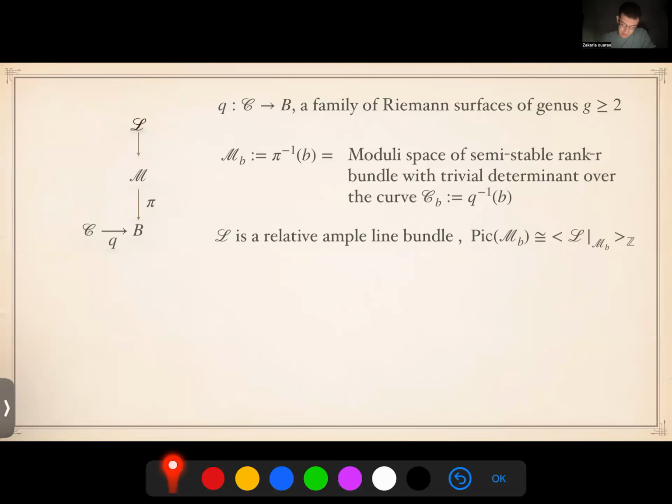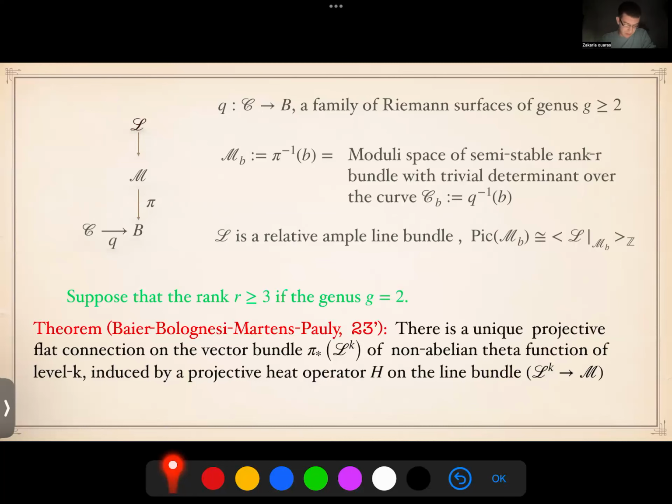And there is a technical condition, which I will comment on here. If the genus is 2, you need to take a rank greater than 3. Otherwise, if you take rank 2, genus 2, and trivial determinant, the moduli space is just P3, and the stable locus does not coincide with the smooth locus.